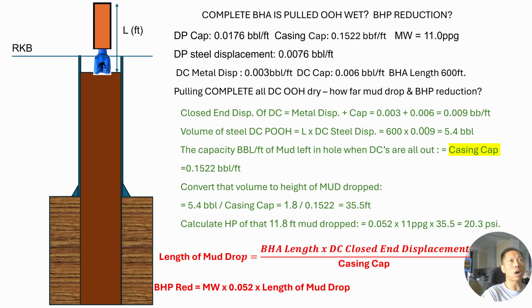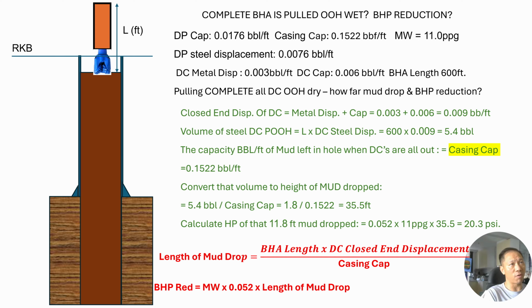You take that and multiply it by the length of the BHA that you have pulled out wet, and you get 5.4 barrels, right? Then you work out the capacity in barrel per foot of the mud left in hole. But now you have nothing in hole, you just pull out everything, drill collars out. So it's simply the casing capacity, which is 0.1522 barrel per foot. Take 5.4 barrels divided by 0.1522 barrel per foot, and you get the height of the mud dropped.